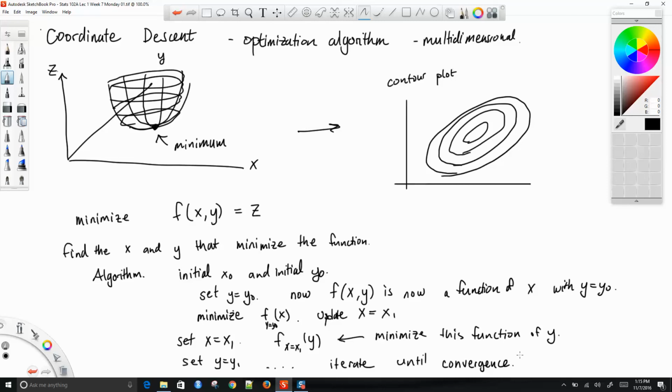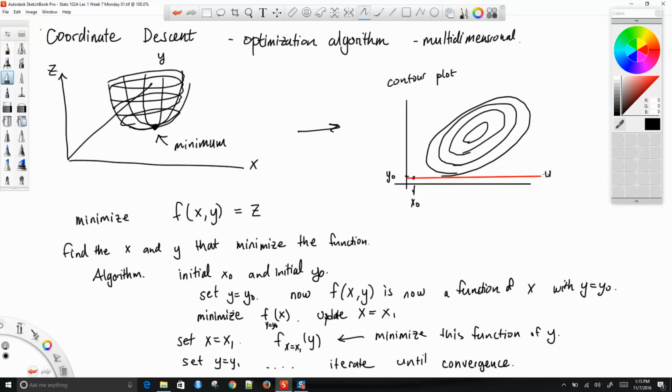Are there any questions? So what this looks like is, let's say you start off right here. This is going to be our point x0 and y0. What you're going to do is set y equal to y0, just searching along this path where y is equal to y0.